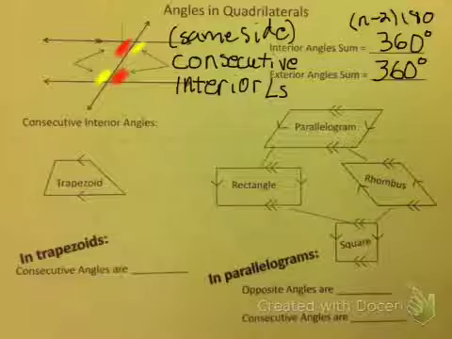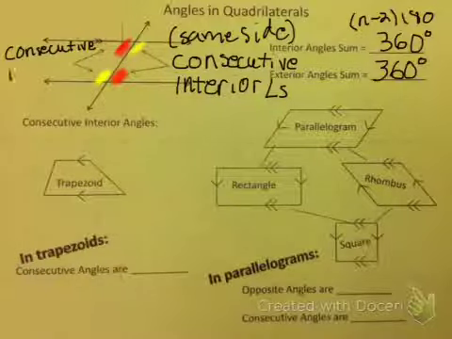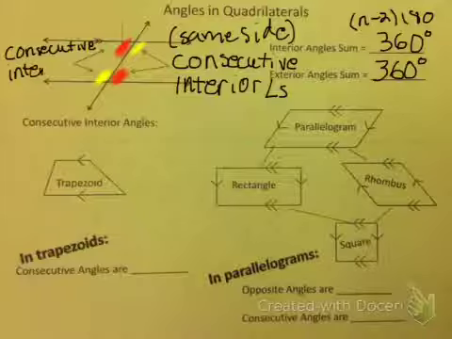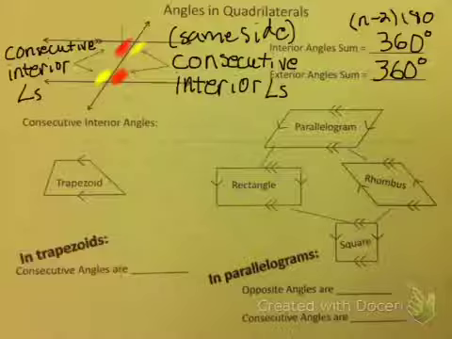We also have, if you look at the other side, these are also consecutive interior angles. So let's write this down too. Okay, so we're going to have 2 sets of consecutive interior angles in parallel lines cut by a transversal.